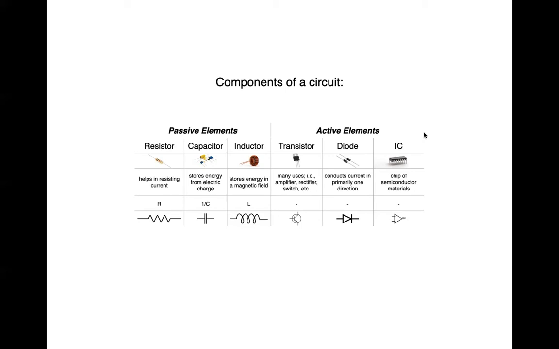On the other hand, active elements instead supply energy to a circuit. Voltage and current sources, transistors, or diodes are active elements. What you will mostly use in these simple circuits are usually capacitors, resistors, inductors, and especially transistors and diodes too.